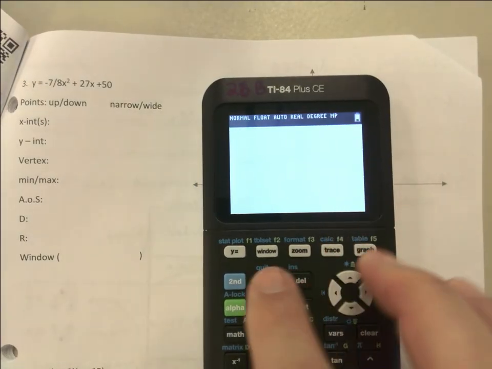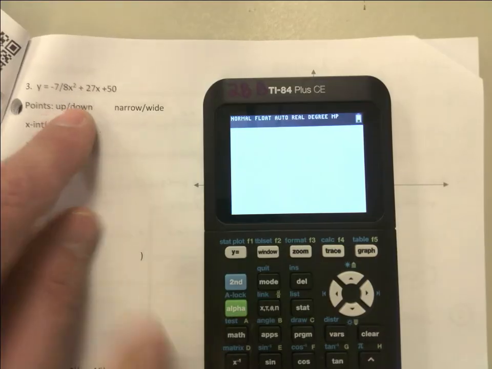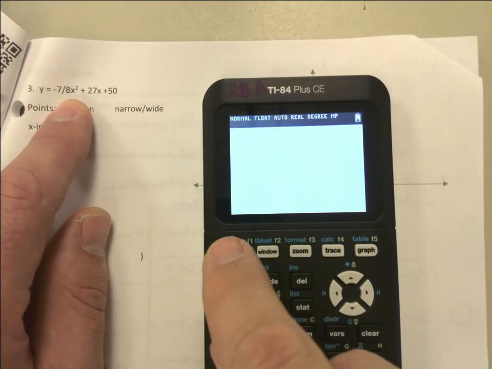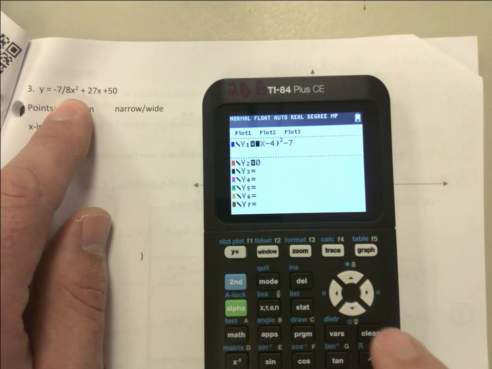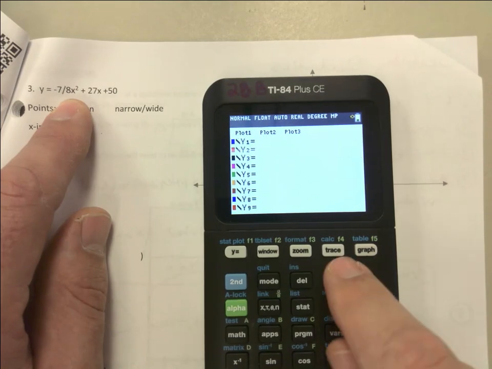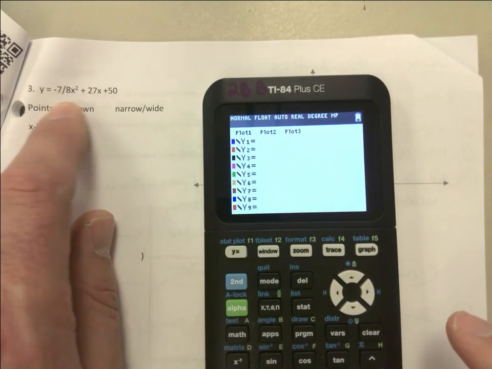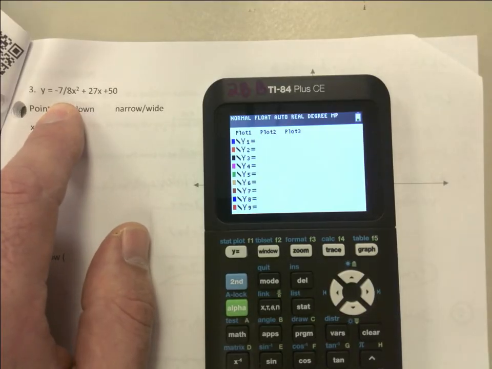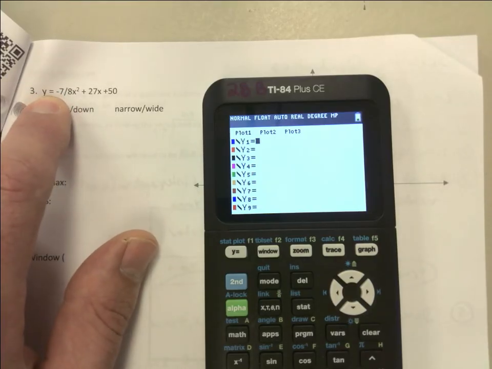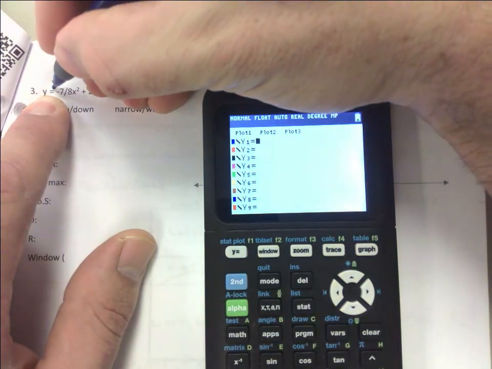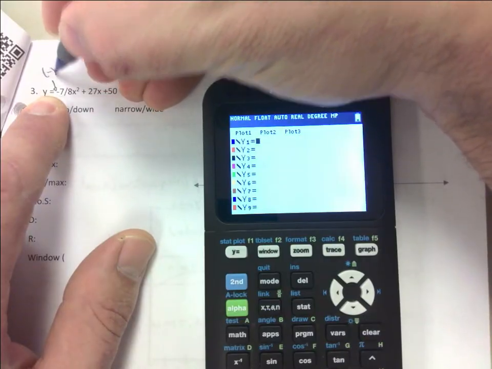So here we go. We have this equation here. We're going to go y equals, clear everything, and I'm going to enter this. Just watch how I enter this. It's very important that you do this right. There's a negative as your leading coefficient, so you got to use this button.